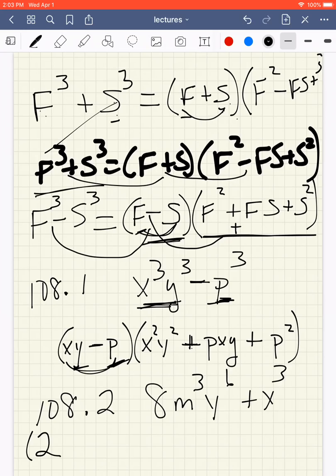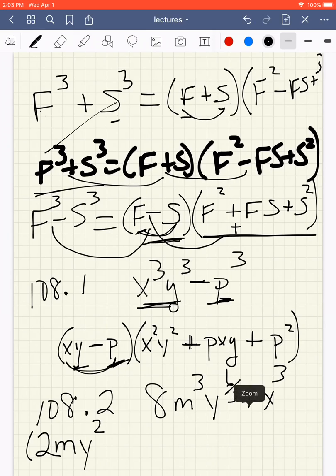And the cube root of m cubed is m. How do we find the cube root of y to the 6th? Okay, we divide the exponent by 3. Because when we raised it to the 3rd power, we multiplied. So if we're taking the cube root, we divide by 3. So that would be y squared.